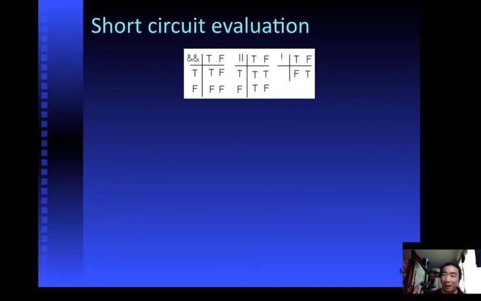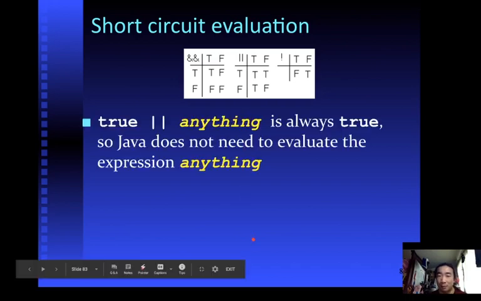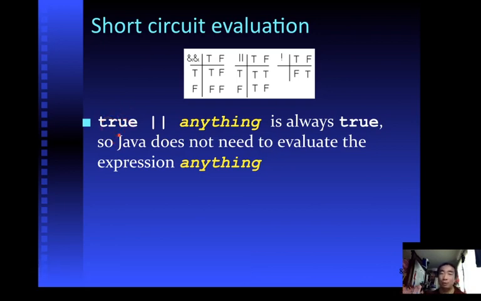Short circuit evaluation. So we know things about ands and ors, and the computer just makes use of that knowledge to make itself a bit more efficient, right? So notice with ORs, as long as you see one true, and because the computer reads code from left to right, when it sees true on the left-hand side, it doesn't matter really what's on the right-hand side of these two parallel bars, the OR operator.